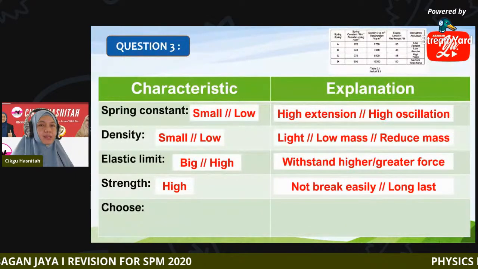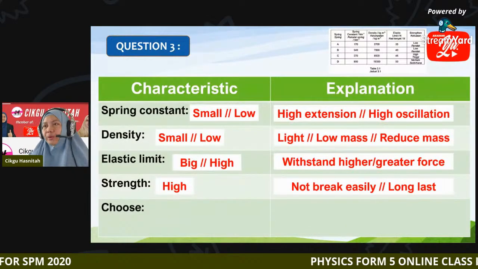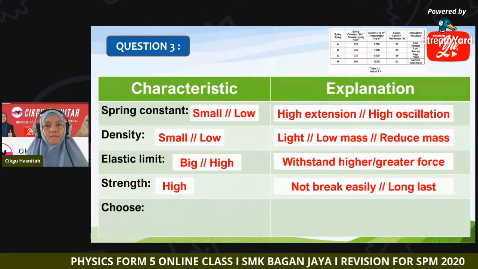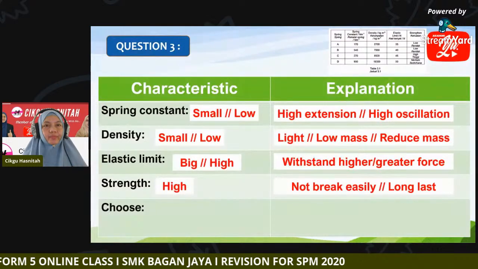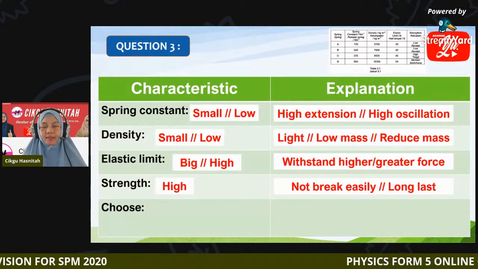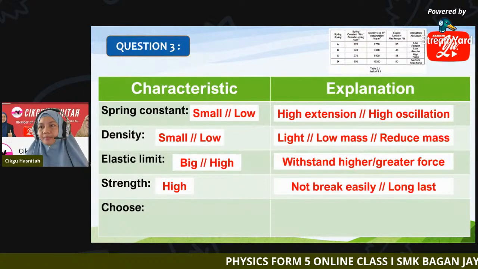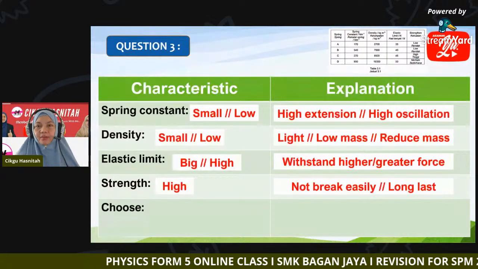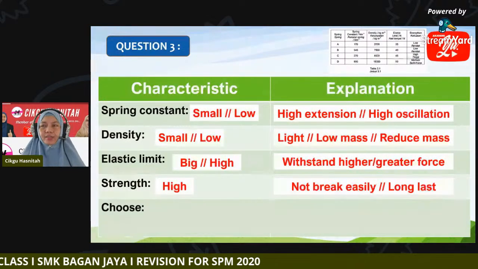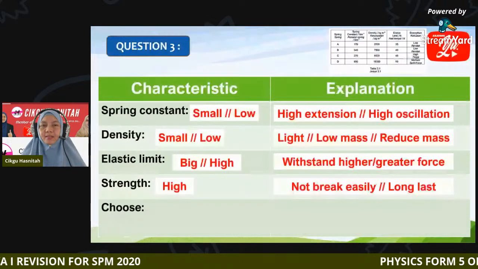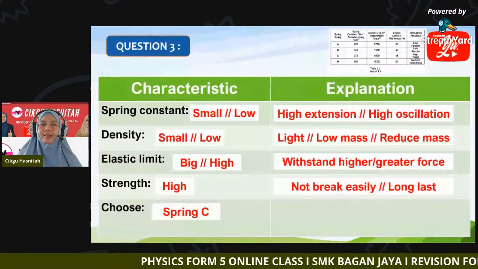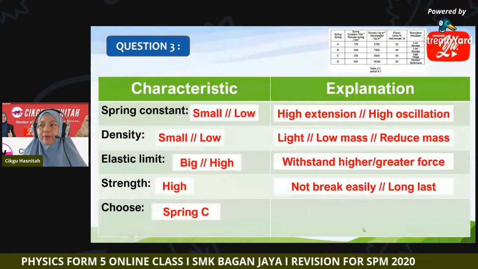So which one is a better choice? A, B, C, or D? So we choose spring C. To get the 10 marks, how to explain?